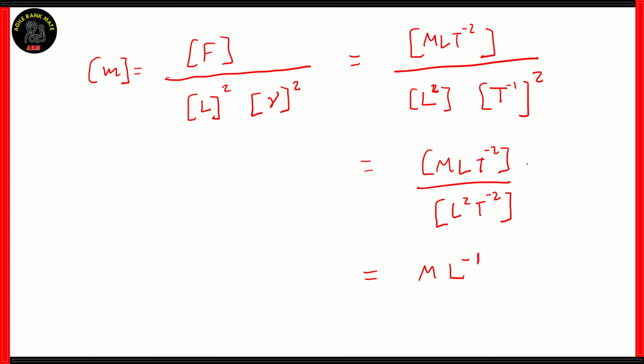So basically, t to the power minus 2 minus minus 2 is t to the power minus 2 plus 2, which is 0. So the dimensions of m, the quantity that we need to find out, are mass divided by length, and there are no dimensions of time.